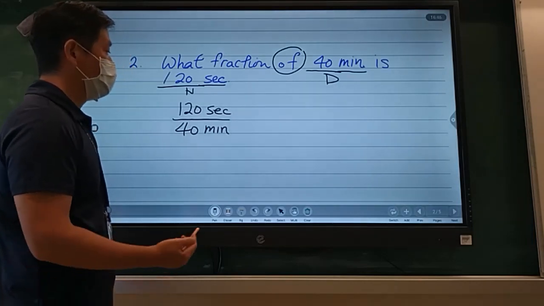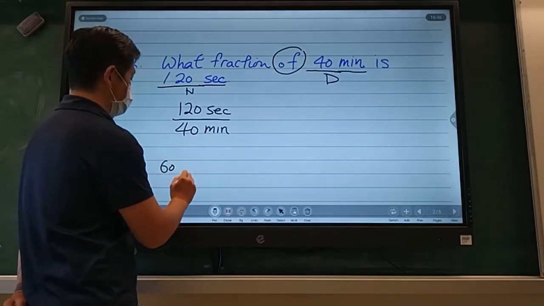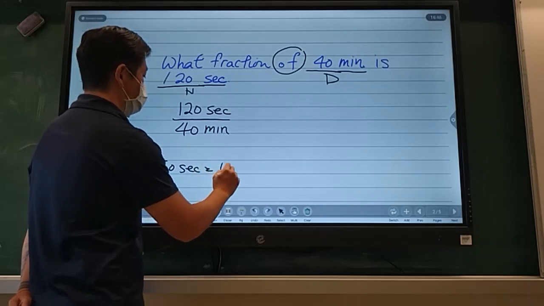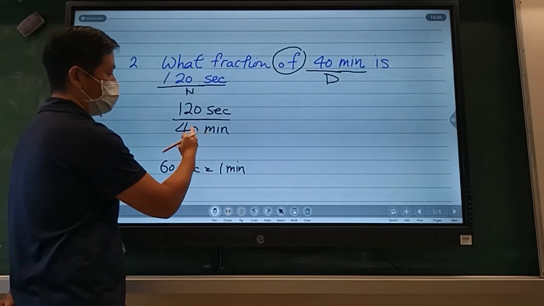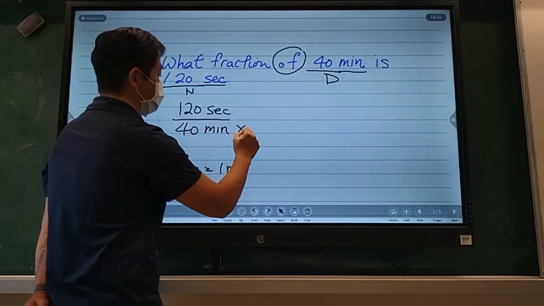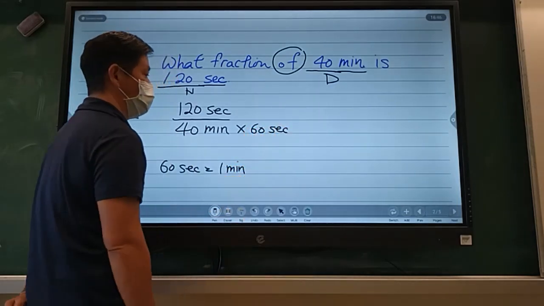So now, let's think about it. How many seconds in a minute? So 60 seconds equals 1 minute. Okay? So in order to convert 40 minutes into seconds, we're going to multiply by 60 seconds. Okay?